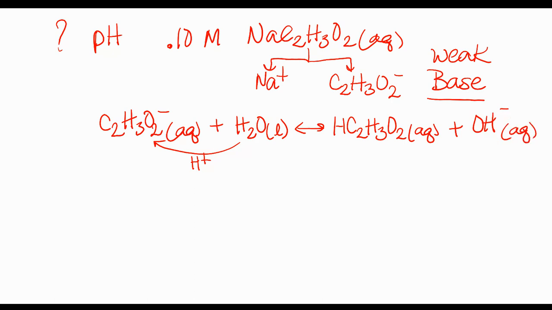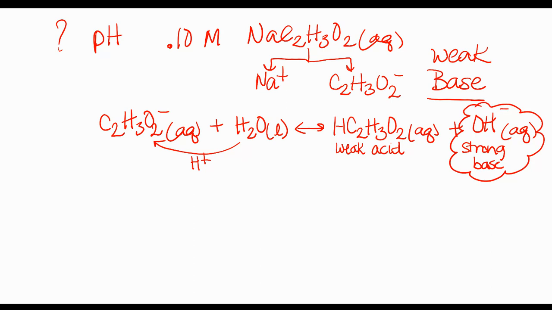Now, I know as a student, this is going to look confusing because you do have a weak acid here. But you have a strong base. Who's going to win this war is the hydroxide. It's a strong base. It's going to essentially crush that weak acid's ionization. So now I'm going to set up my ICE chart.